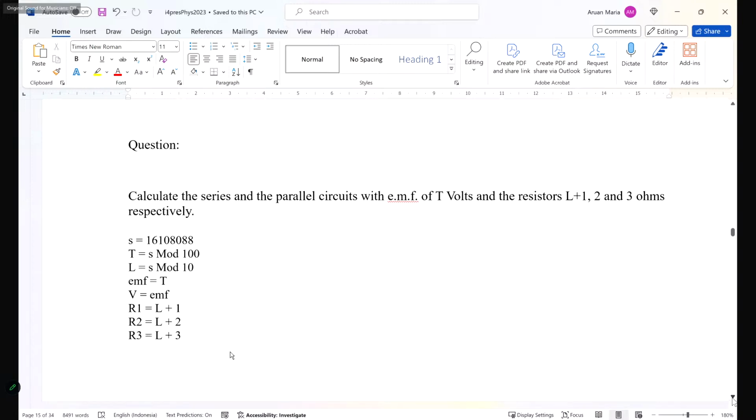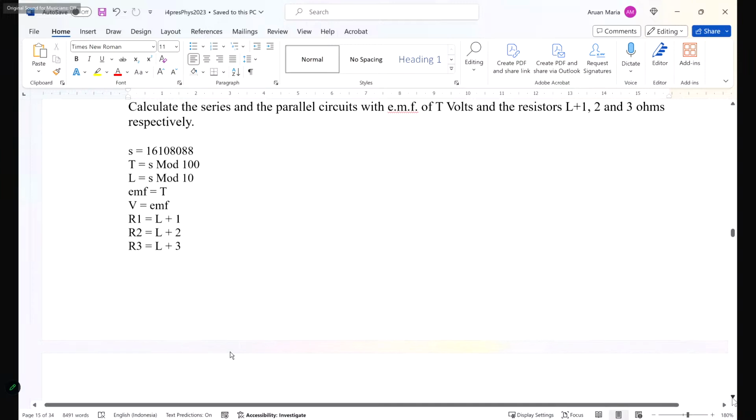If it is in the series, then we just add up all resistances, R1 plus R2 plus R3. And for the series circuit, the current is the same, and the total voltage is the sum of the drops of voltages through the resistors, okay?